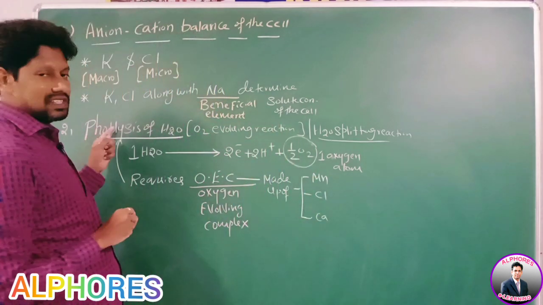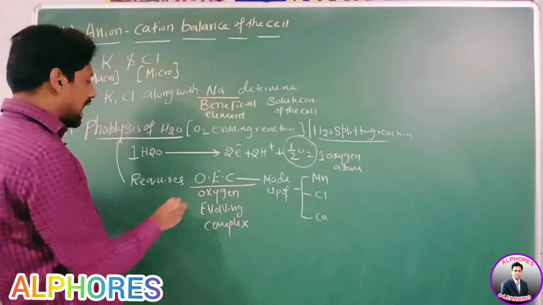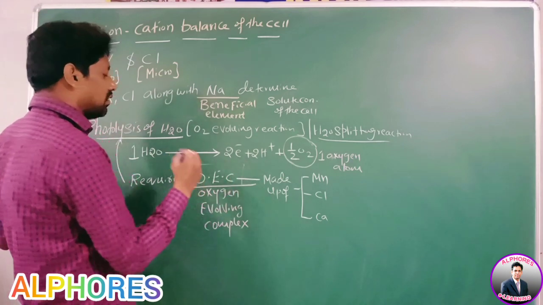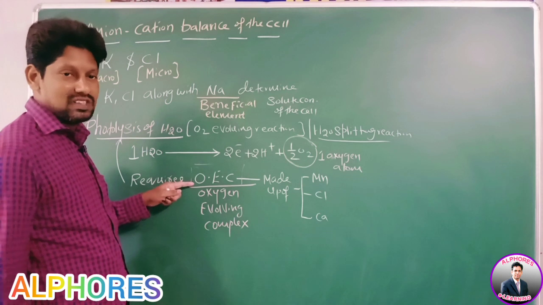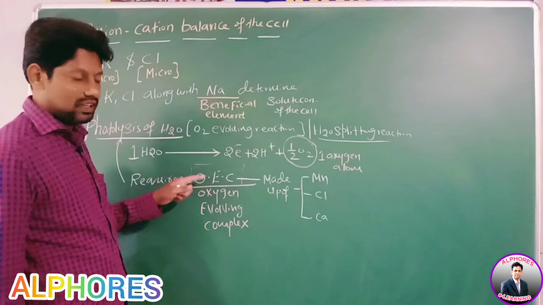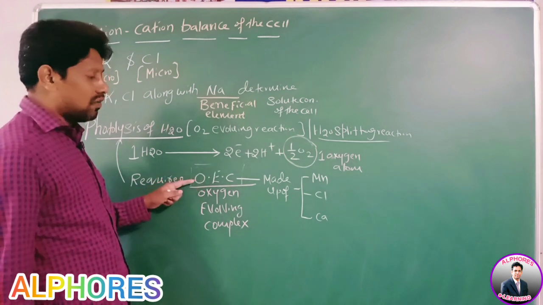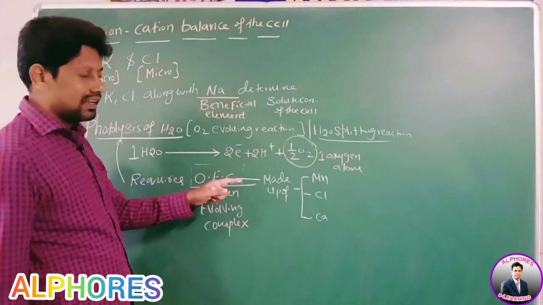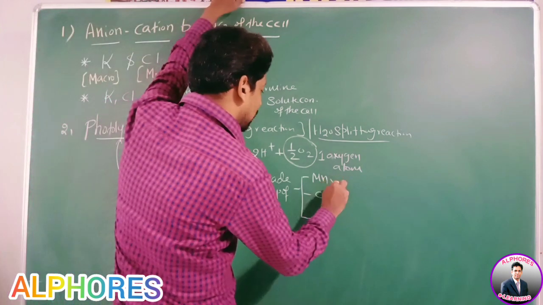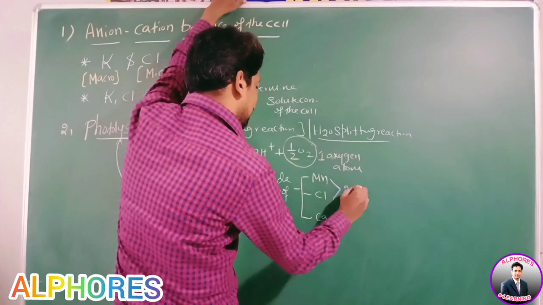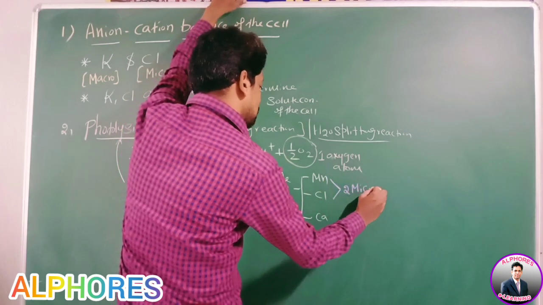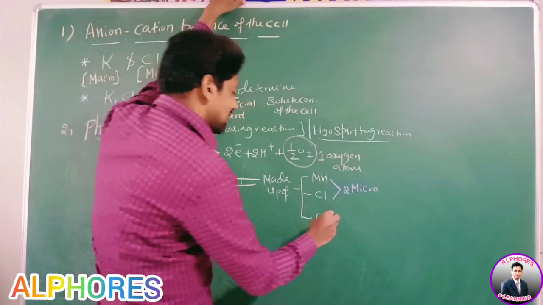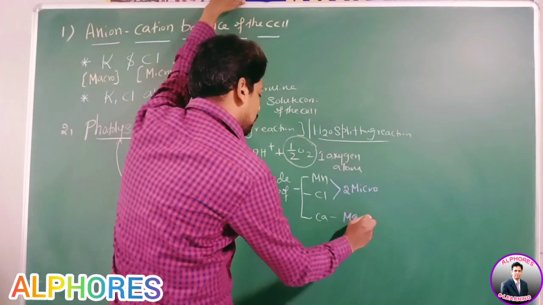We are discussing photolysis of water. To carry out this photolysis of water, a complex is required by name oxygen evolving complex. This complex is made up of manganese, chlorine and calcium. Manganese and chlorine are micro elements, whereas calcium is a macro element.